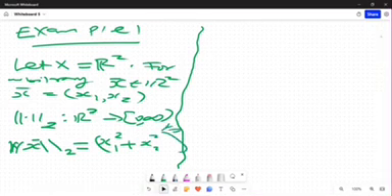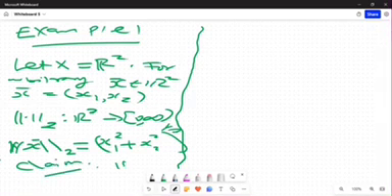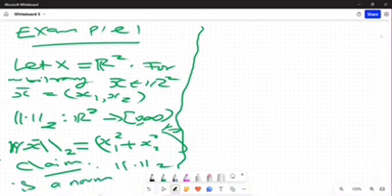That's how I'm defining that norm. My claim is that norm 2, so defined, is a norm on R2.